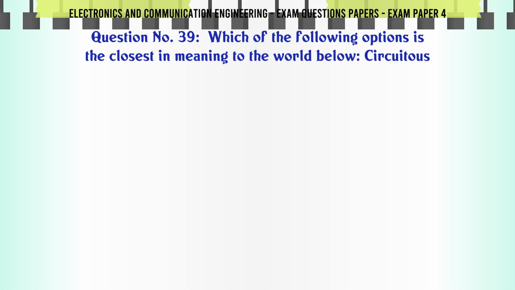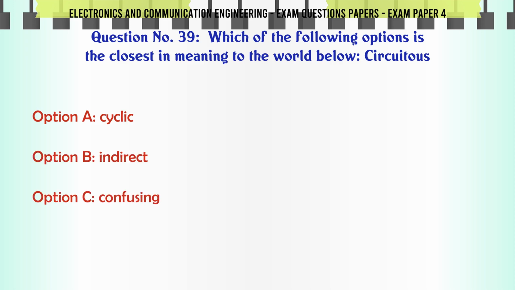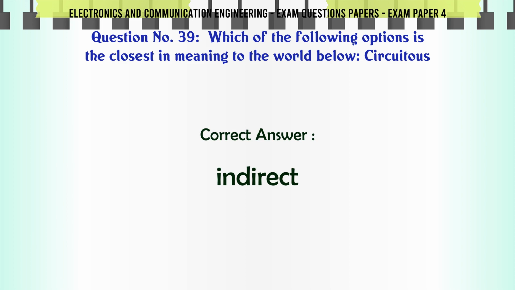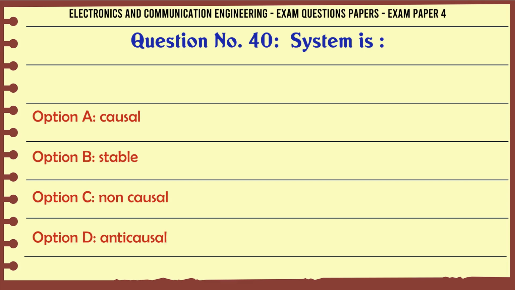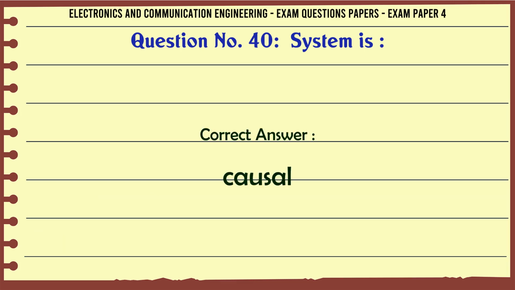Which of the following options is the closest in meaning to the word circuitous? A. Cyclic, B. Indirect, C. Confusing, D. Crooked. The correct answer is indirect. The system is: A. Causal, B. Stable, C. Non-causal, D. Anticausal. The correct answer is causal.